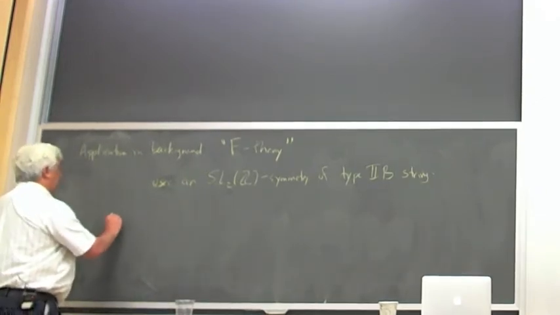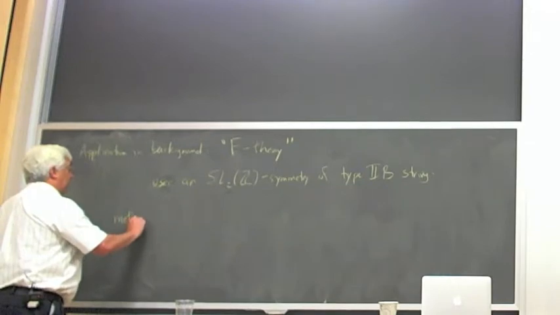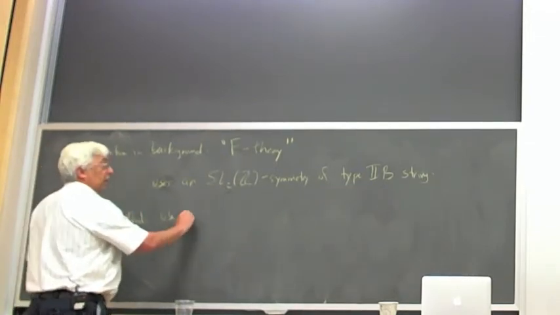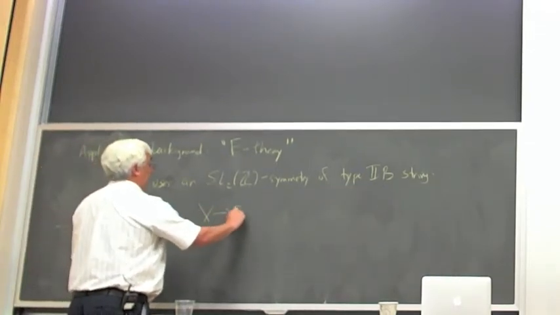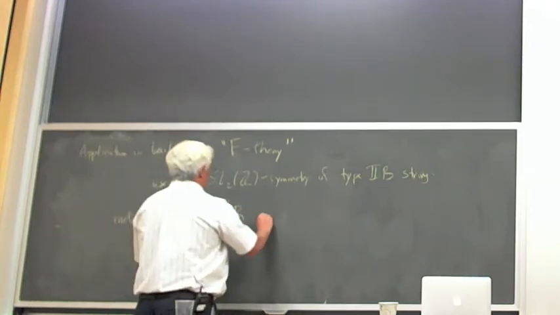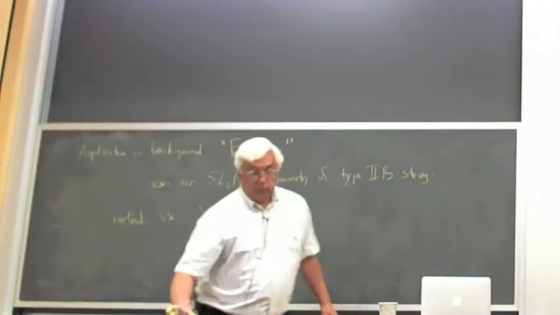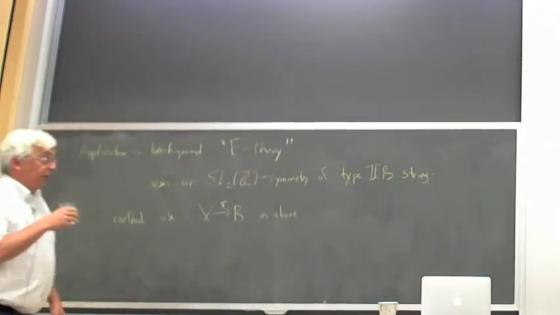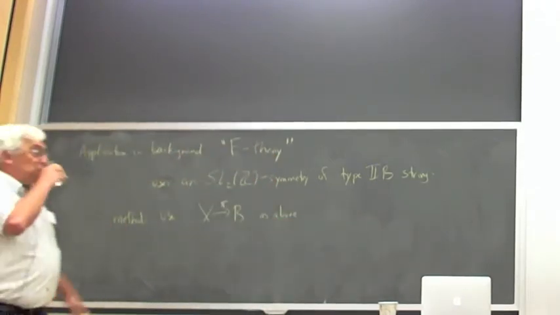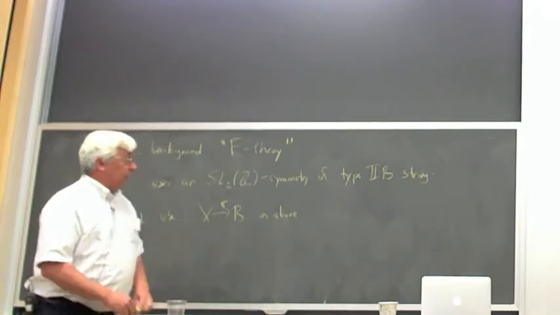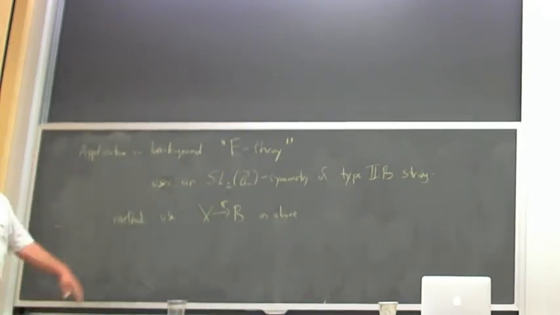And the typical method has been to use a flat family as above. So we end up with a use of elliptically fibered algebraic varieties to produce interesting models in physics.